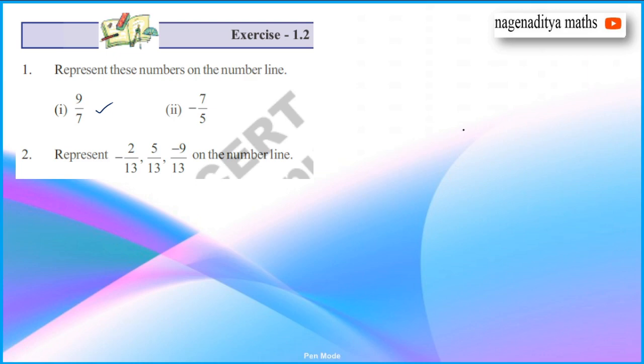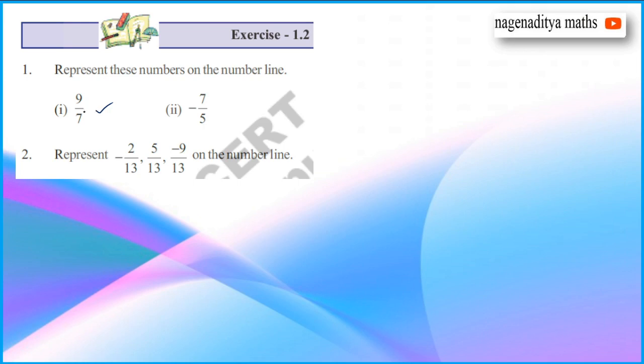I'm going to tell you one shortcut here. The denominator is 7, so we add one to the denominator, that is 7 plus 1, and on the number line we have to draw 8 vertical lines. I'm going to show how to represent the given number on the number line. First remember that the value of 9/7 lies between 1 and 2.